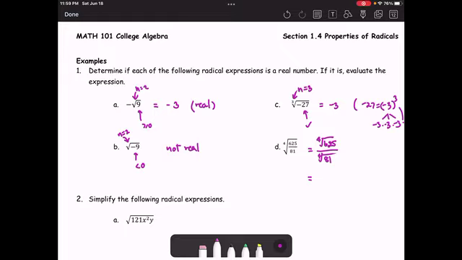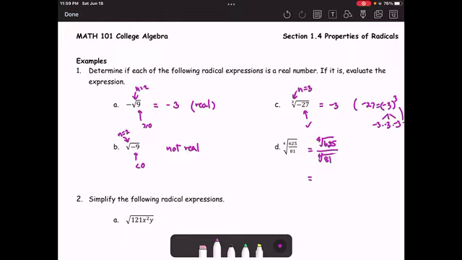If we look, the index is 4. The 4 is an even number. The 625 and 81, both of them are positive numbers. Therefore, we can find a real number that satisfies this expression.